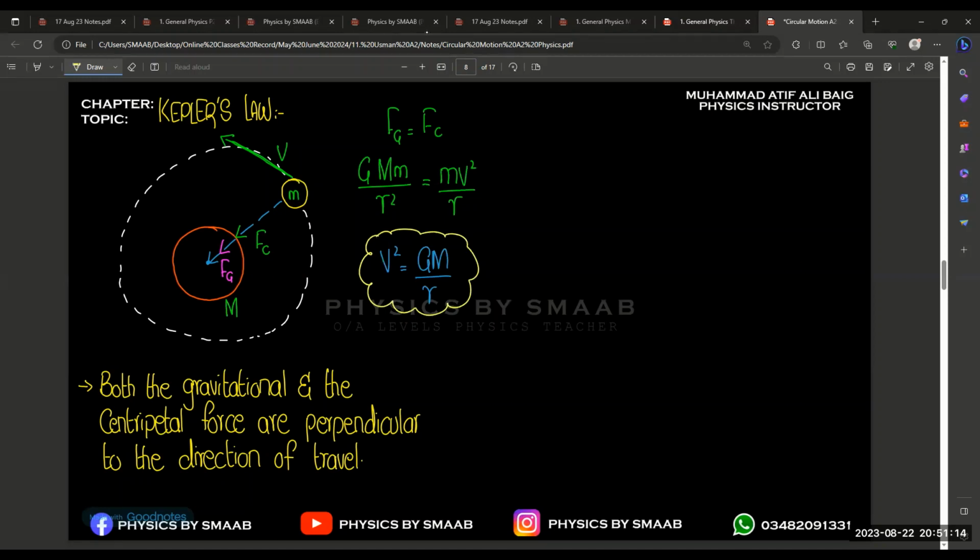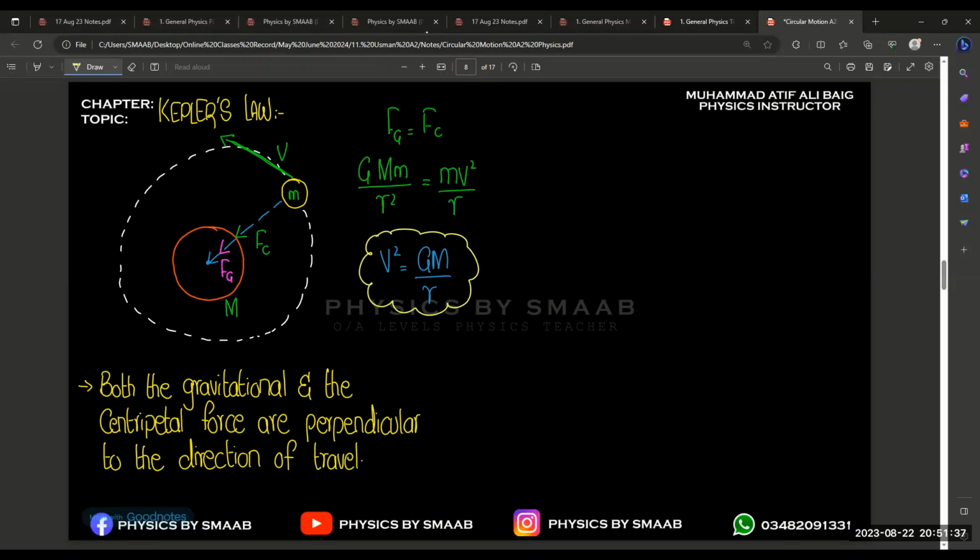It means that if we want to calculate the speed at which a planet is revolving, or moving in a circular path around another planet, we can easily calculate it from this formula, right? And we know that the direction is continuously changing, which produces the centripetal acceleration. We already know that.